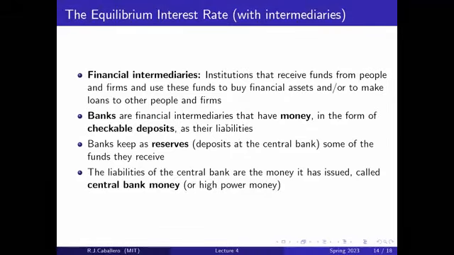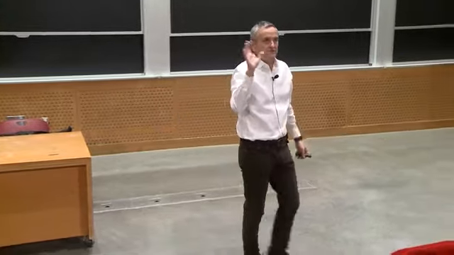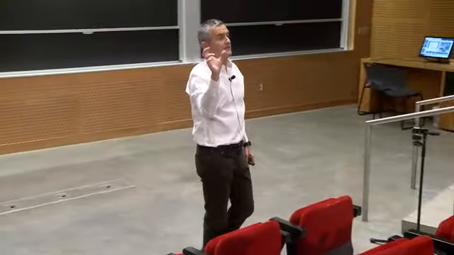The other thing the banks do is they themselves have a deposit account at the central bank. They take the deposits, and part of the deposits they lend to other people, another part they use to buy financial instruments, bonds and stuff like that. In this economy it would be only bonds. And the other part, a smaller part, 10% or something like that, they deposit at the central bank.